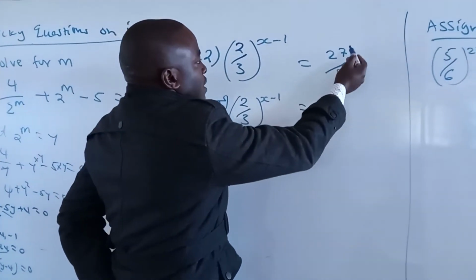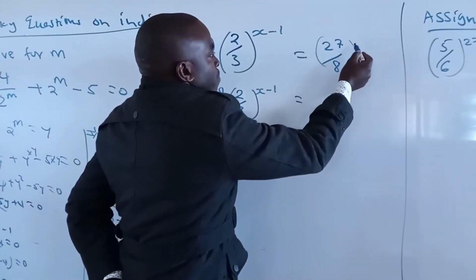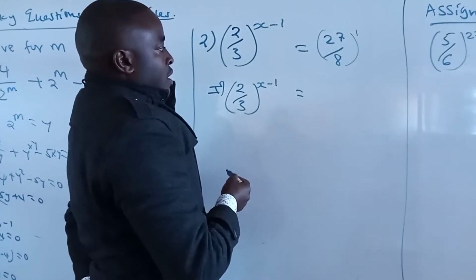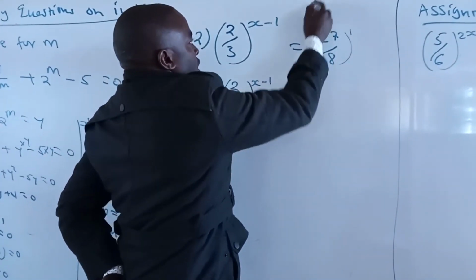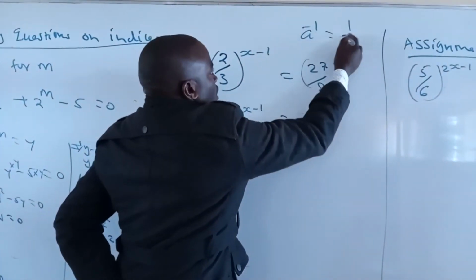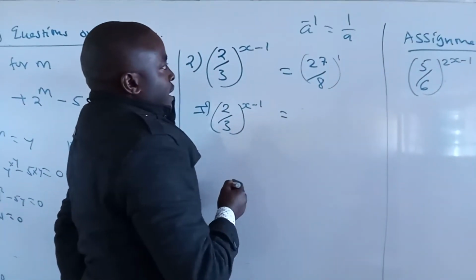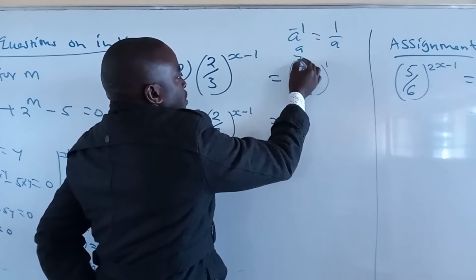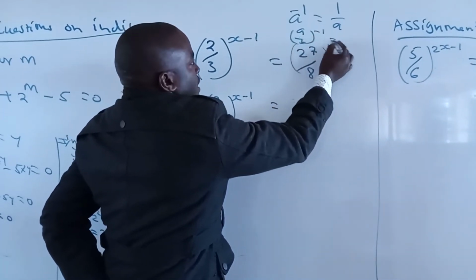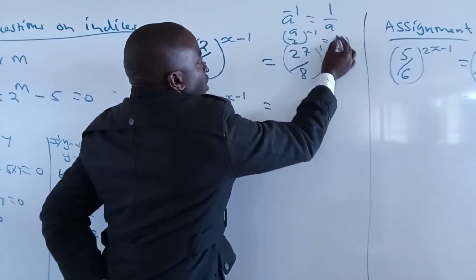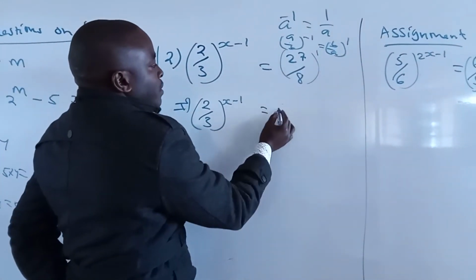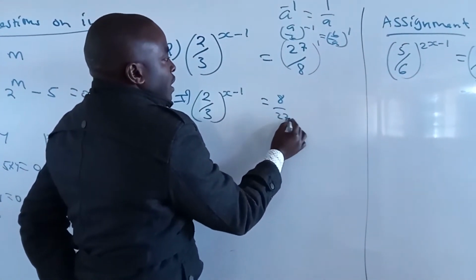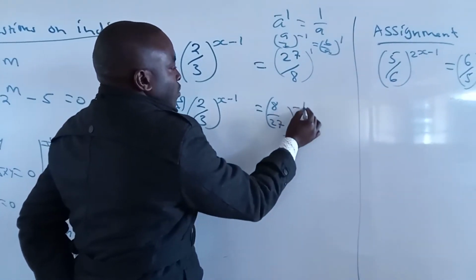So this is the same as power of positive 1. And therefore, from the laws of indices, we know that a power of -1 is the same as 1 over a. And a over b power of -1 is the same as b over a power of 1. So if we understand that, this one becomes 8 over 27 power of -1.